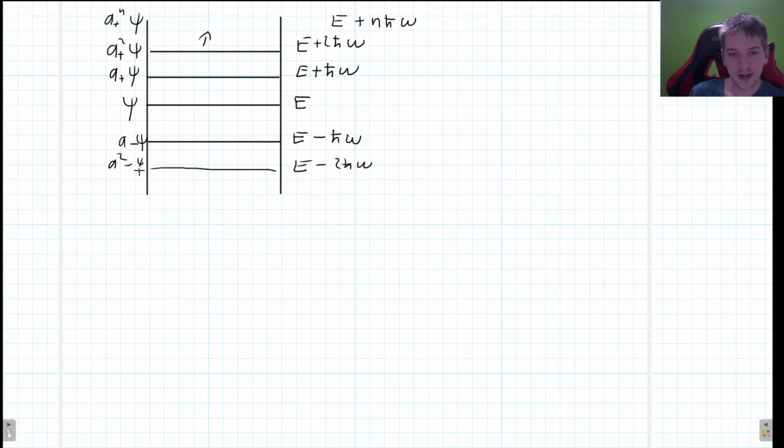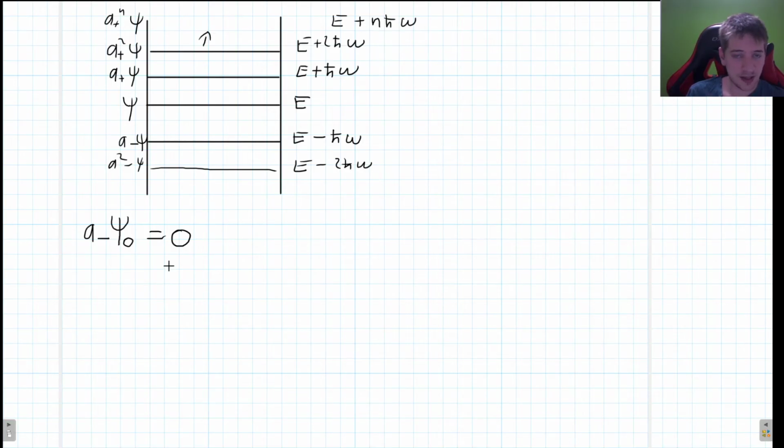At some point, you have to reach zero energy. If you apply this a minus enough, at some point you're going to reach some state, which is going to be the ground state, which we will call psi 0, where if you apply this operator one more time, it's just going to be 0.